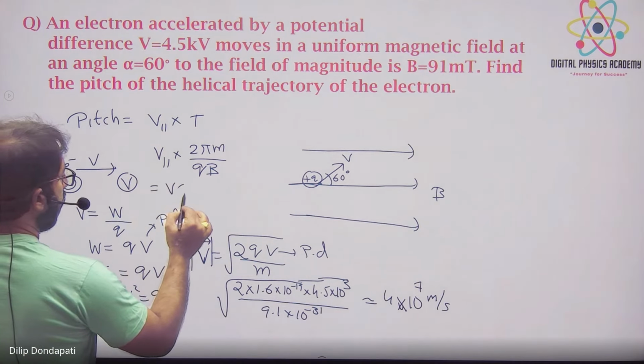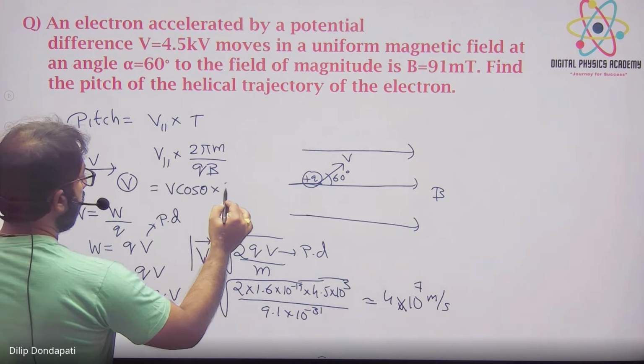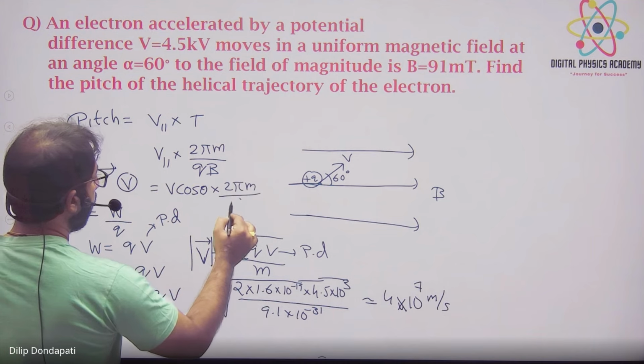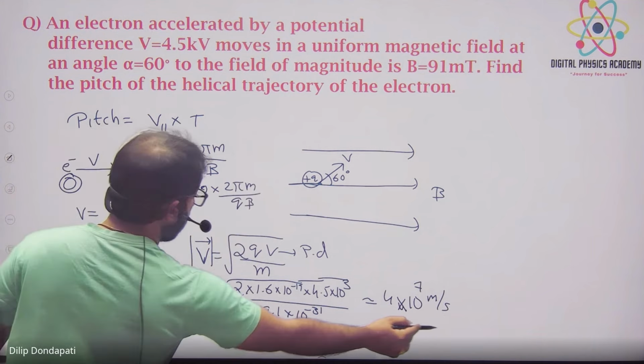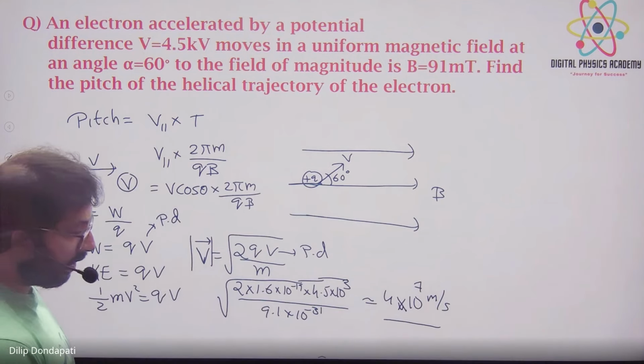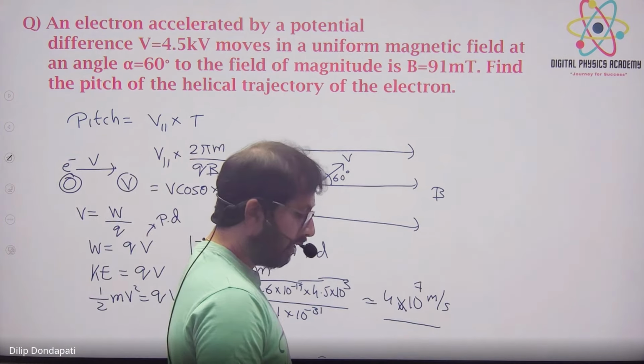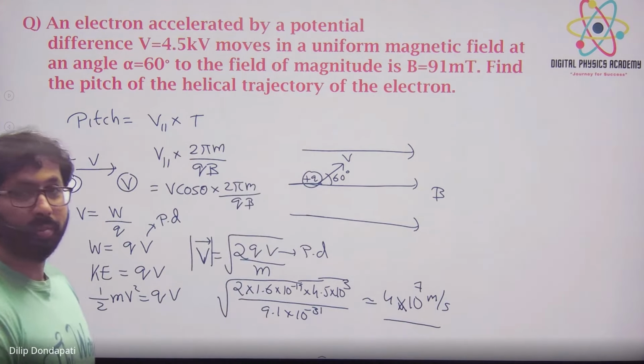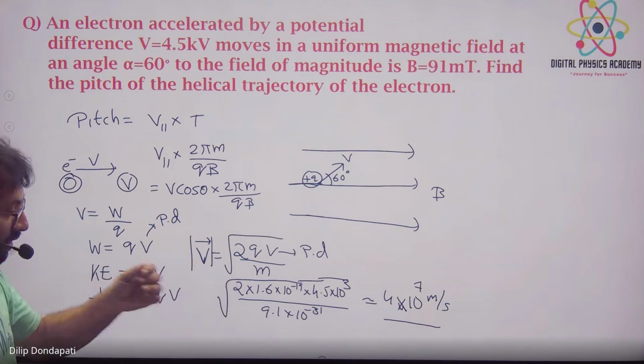So v cos theta into 2 pi m by qB. You know the speed, and its cos theta. I calculated the speed and gave everything, so that is fine.